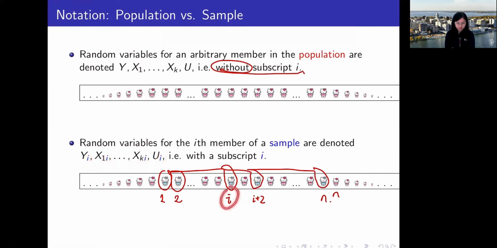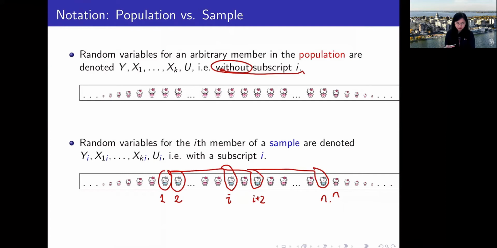So for the ith individual, the characteristics of that ith individual will be yi, x1i to xki, to ui. So characteristics of an individual is basically any random variables that are attached to that individual. For example, income of the individual, education of the individual, and say height and weight of the individual, etc.